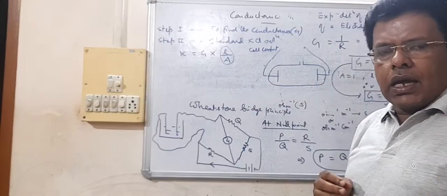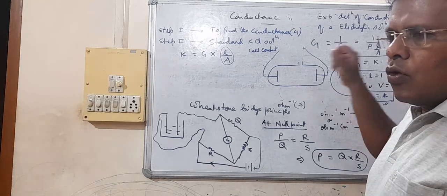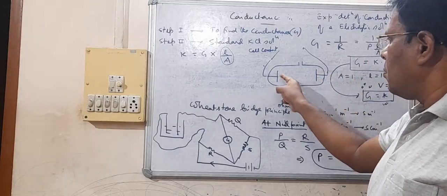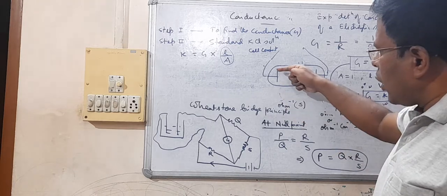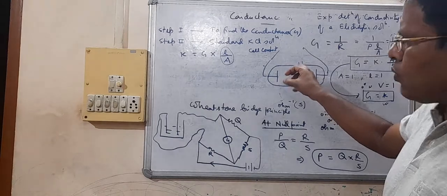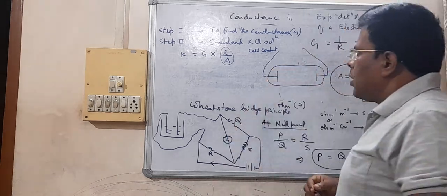Now, the problem is that this conductivity cell is very small. We cannot directly measure the length between the electrodes. We cannot measure the area of cross section of the electrodes because it is very small. We cannot bring our hand inside for measurement.